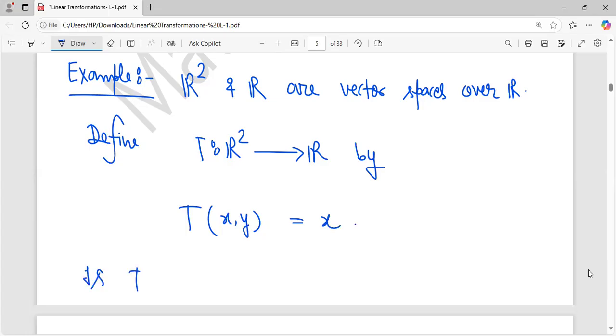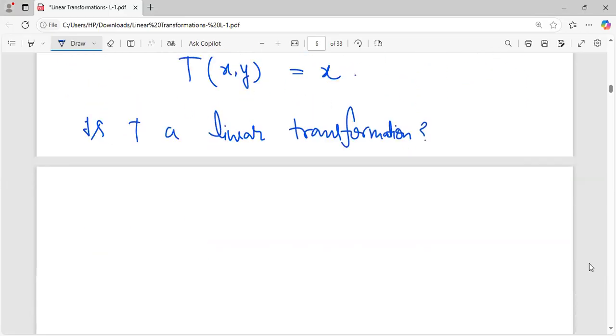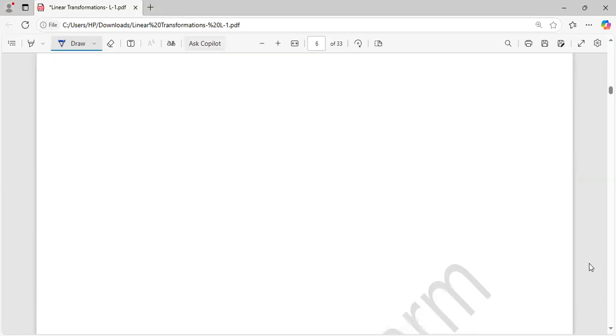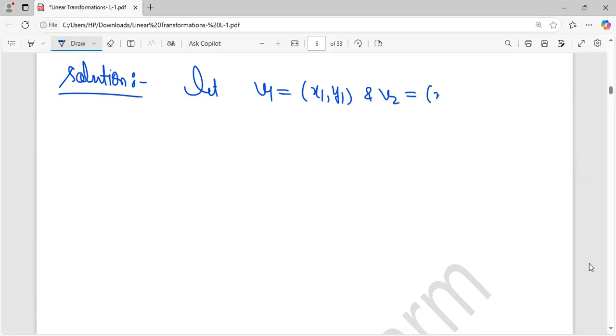Is T a linear transformation? Let v1 equal to x1, y1 and v2 equal to x2, y2 belong to R square, and alpha and beta belong to the field.